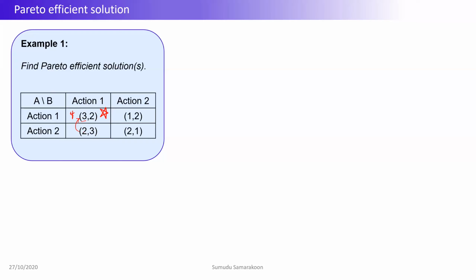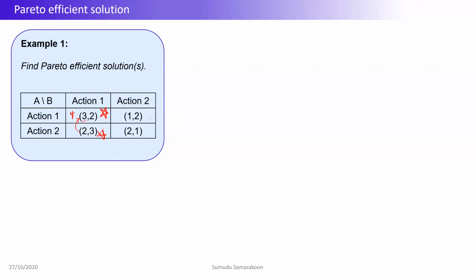So in this case, deviating from this action could result in a loss of payoff for player B. Therefore, player A cannot deviate from this strategy. Similarly, player B is of course not going to change because there is no gain for him. So we can consider this as another Pareto efficient solution.